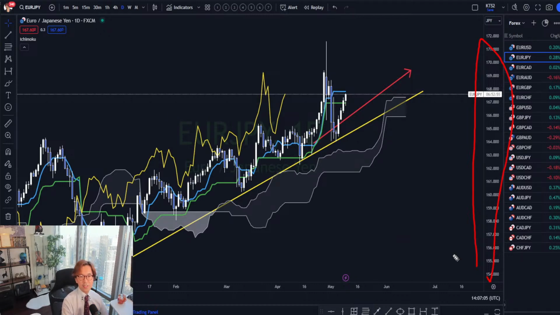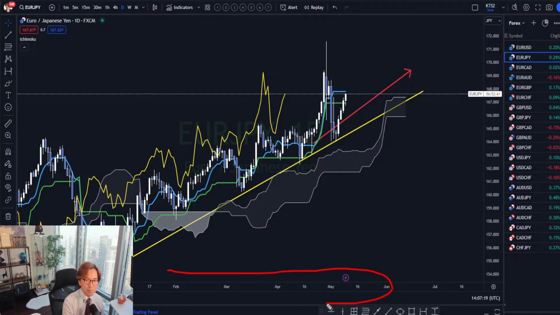So we tend to think about how many pips the price went up and down. But the true essence of Ichimoku is to focus on the horizontal axis, which is the time. And that's why Ichimoku is one of the very unique techniques to be able to capture, I would say, the breadth of the market.